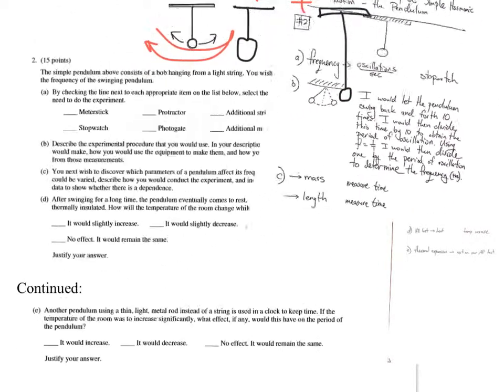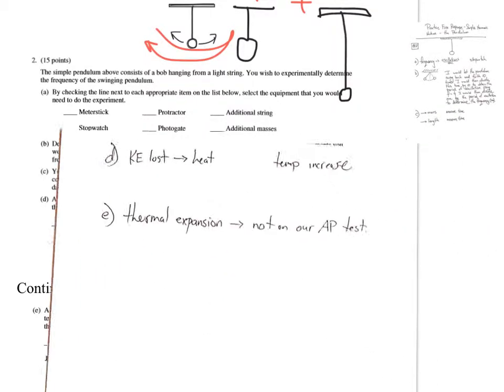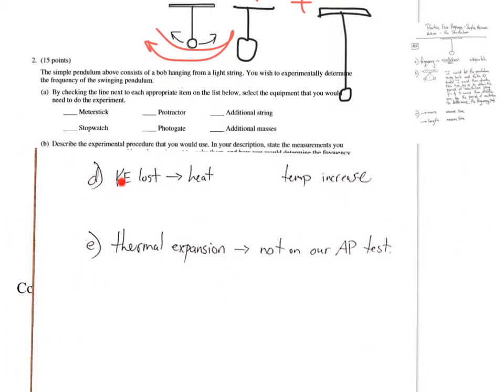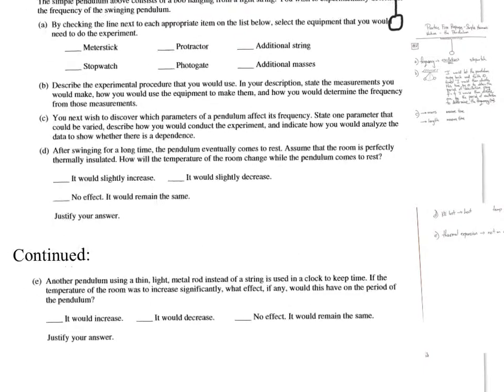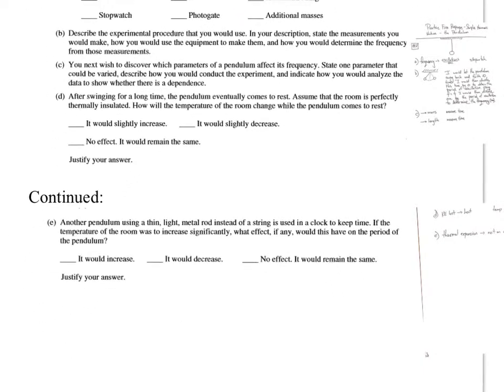So, where's my answer? So, kinetic energy or mechanical energy is lost due to heat. Therefore, the air molecules are actually moving slightly faster in the room, and the temperature would increase. I doubt that would be measurable, even with a super sensitive apparatus in a laboratory or whatever.